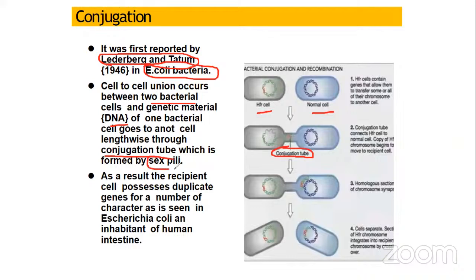Already we discussed the pili in bacterial cell structure. As a result, the recipient cell possesses duplicate genes for a number of characters, as seen in Escherichia coli in the human intestine.